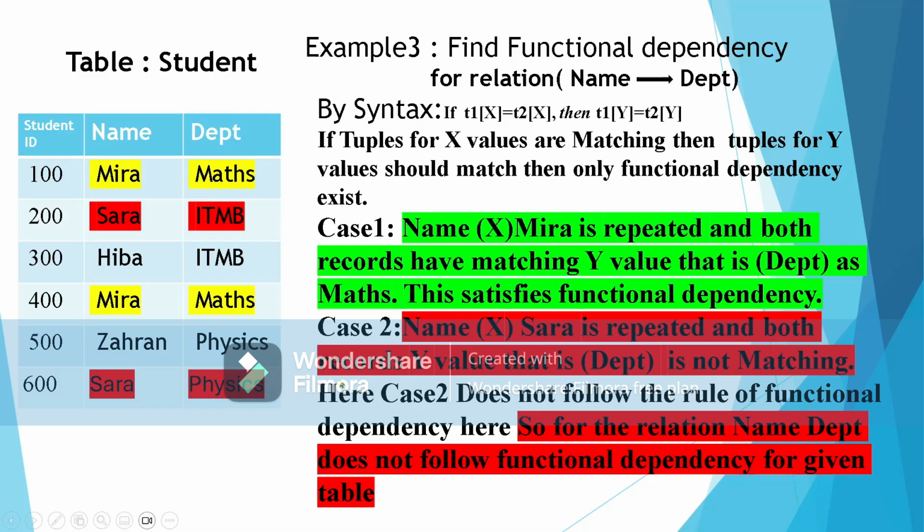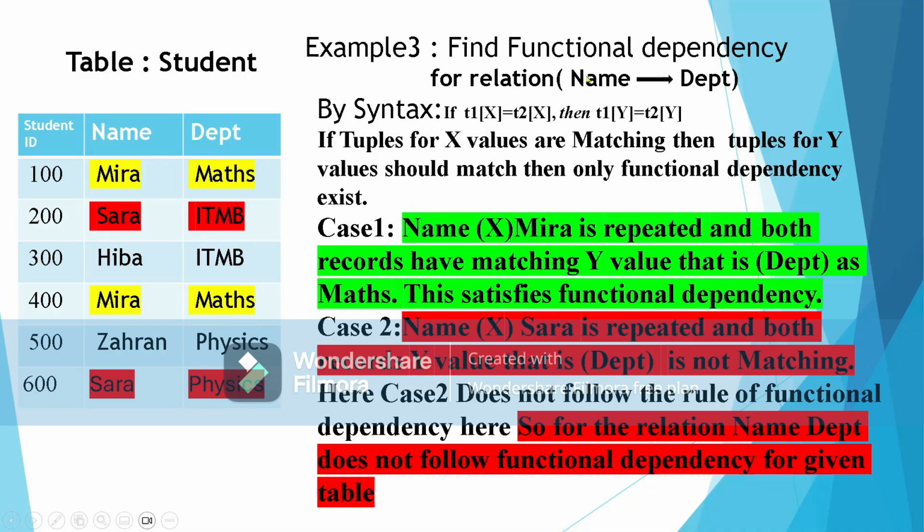But case number 2, here Sarah name is also repeated. So we have to check functional dependency for these records also. Here names are matching but departments are not matching. So for this case number 2, the functional dependency does not exist.